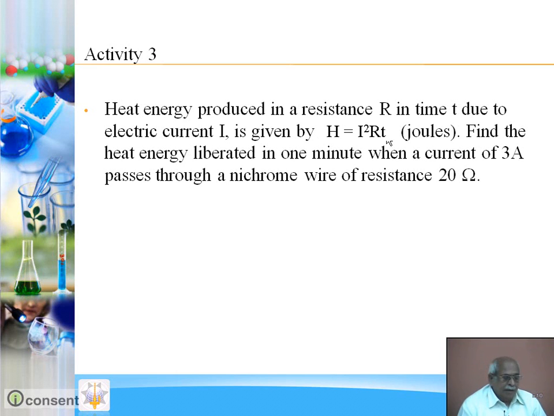In this, I is current, R is resistance and T is time. H is heat energy produced. When I say heat energy, SI unit will be joule. Possibly in your books, the equation might be H equal to I square RT upon J. J will come there if you want calories.